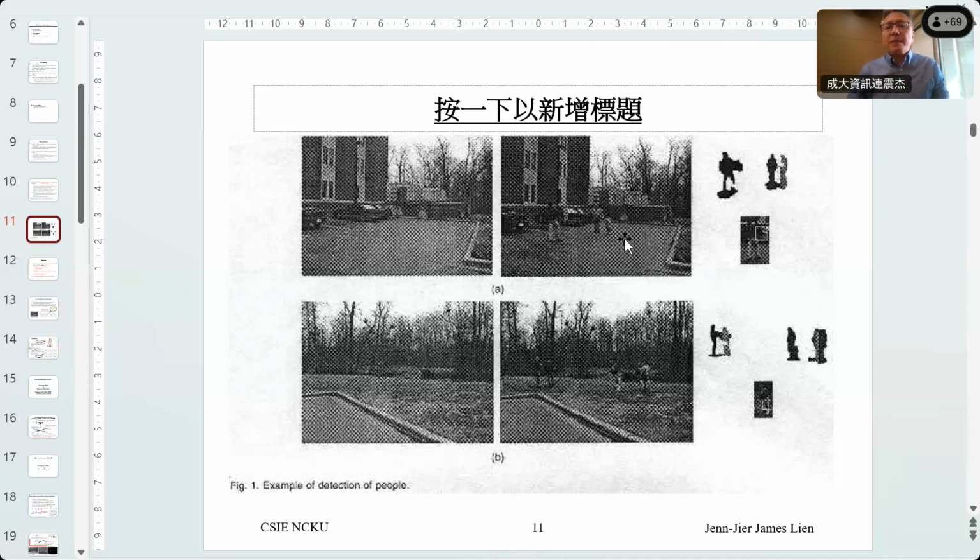Background subtraction compared with Faster RCNN: Faster RCNN tries to detect the object using the bounding box, so actually you don't know exactly the shape, the boundary of the object. But with background subtraction, you can extract the shape of the object.